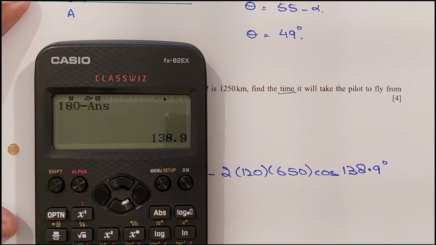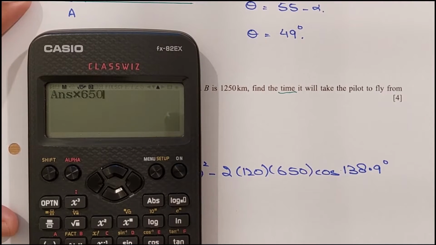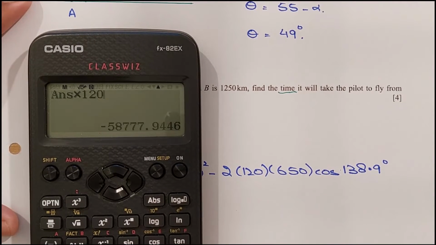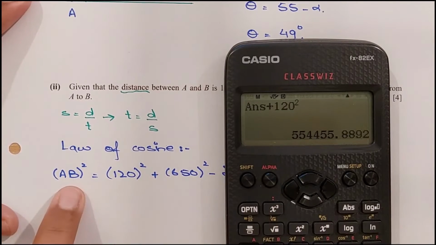Right, let me simplify. Taking cos of that angle and times by 650 and times by 120 and times by -2, and then add 650 squared, and then add 120 squared, equals this for AB squared.